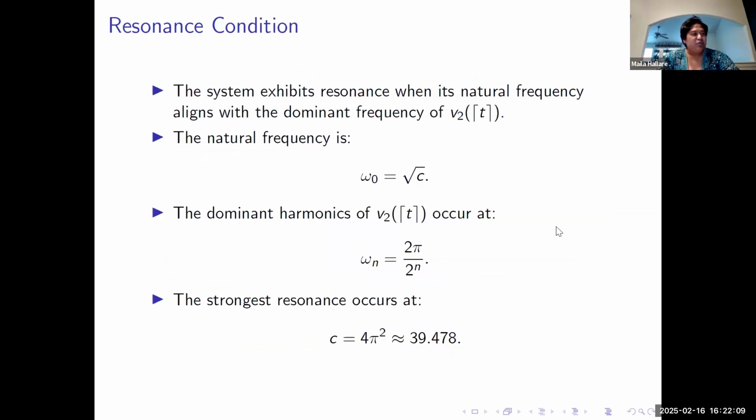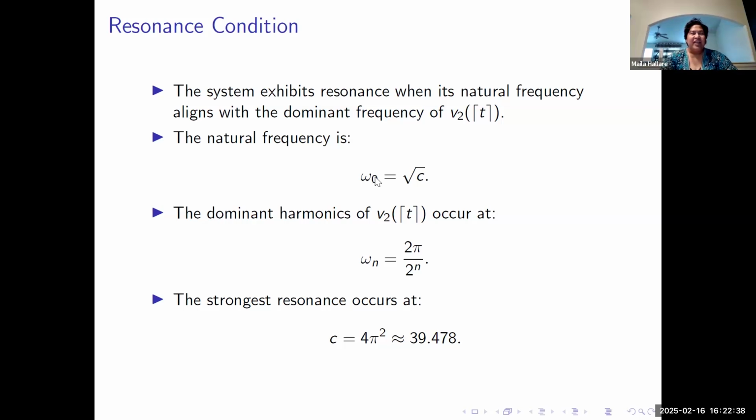Okay, so here I have computed some resonance conditions. So we say that there is resonance in our system when the natural frequency aligns with the dominant frequency of this. Because our forcing function is not your typical periodic function, right? The resonance can be determined by looking at the dominant harmonics of your forcing function.